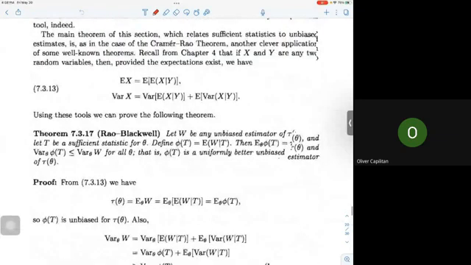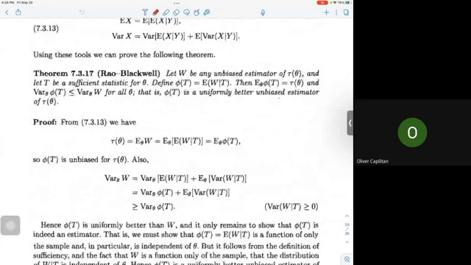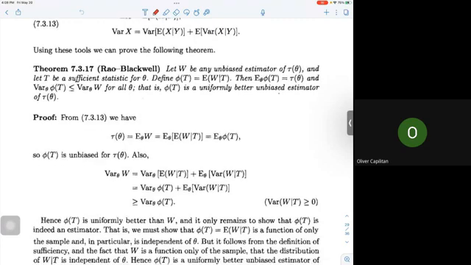Okay, so we have here the Rao-Blackwell theorem, uniformly better. We have here the proof for that. From 7.3.13, we have the function of our parameter tau of theta. Since W is an unbiased estimator, the mean of W is equal to tau of theta.